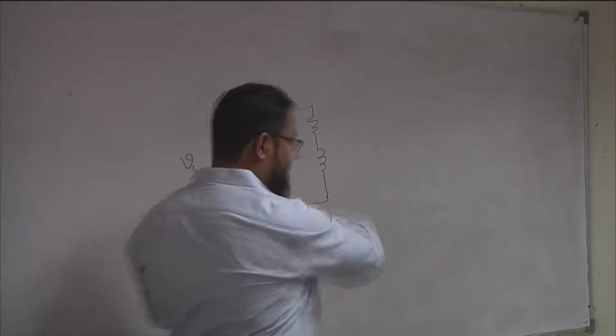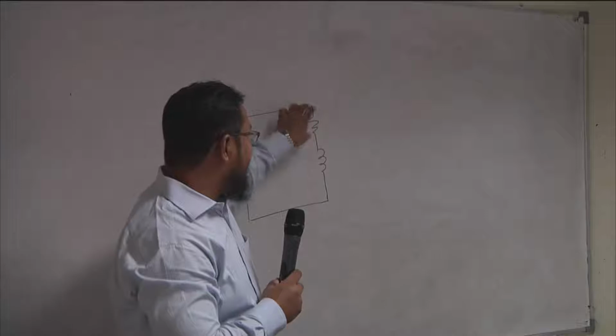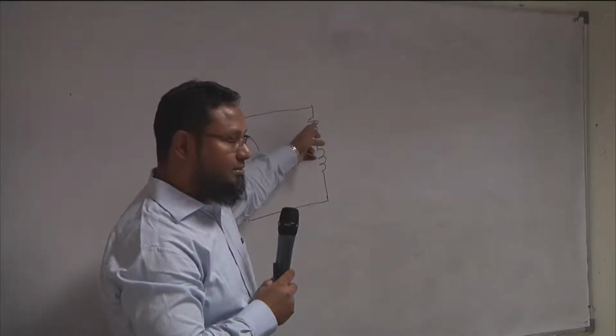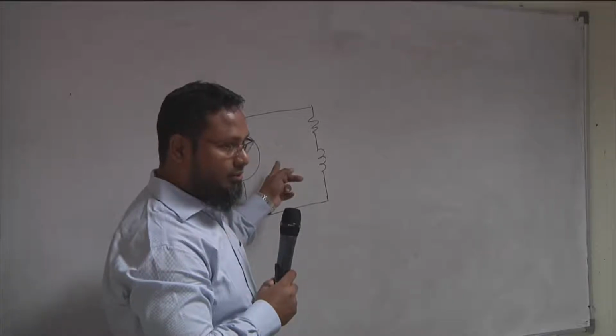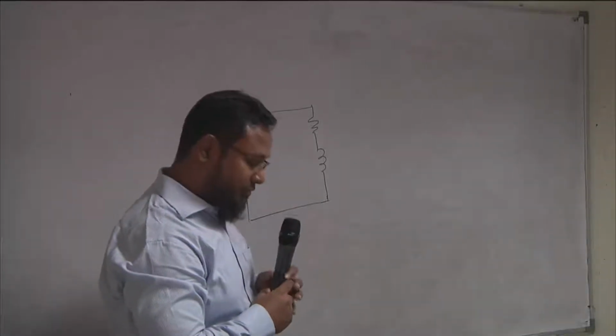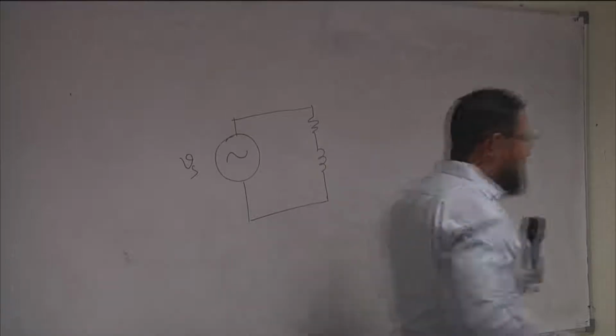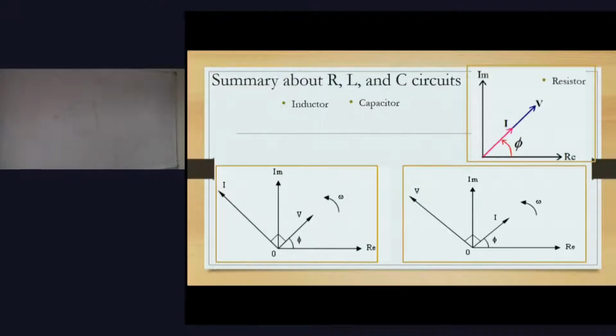According to Kirchhoff's voltage law, when you add the voltage across the resistor and the voltage across the inductor, the sum will be equal to the source voltage. So going back to this, the voltages that we are talking about now are voltages across that component. It's not the supply voltage. Okay?